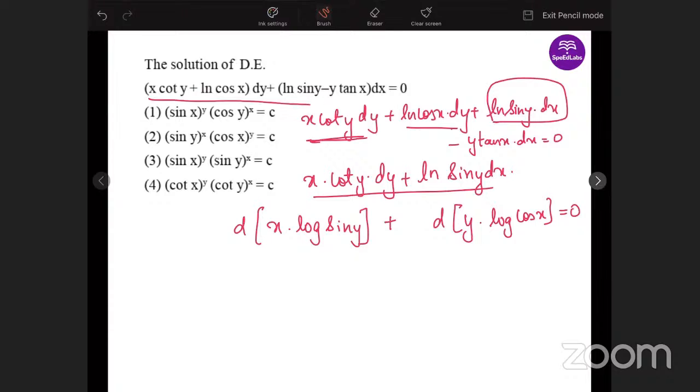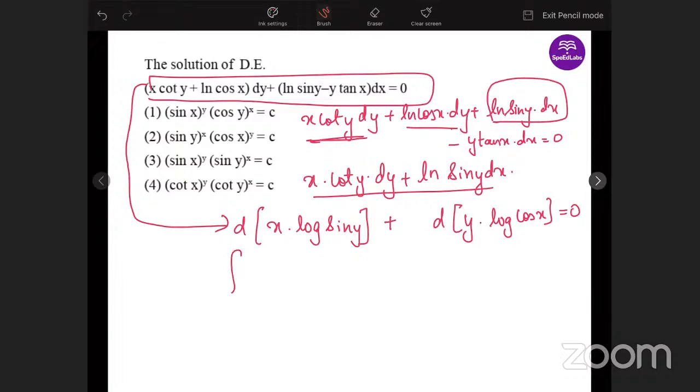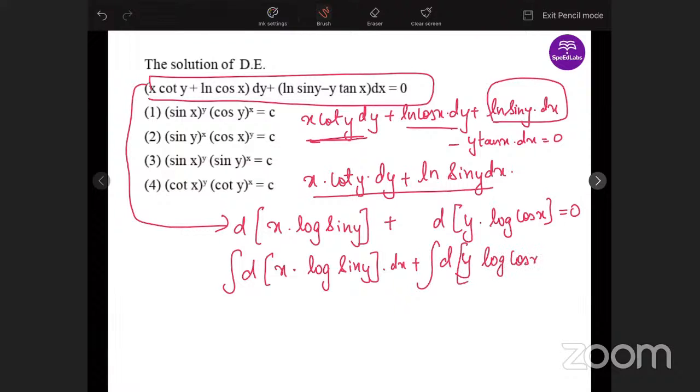So basically, whatever is the given question, we convert it into this term. Now if I integrate both sides, d of x into log sin y plus d of y log cos x equals 0.